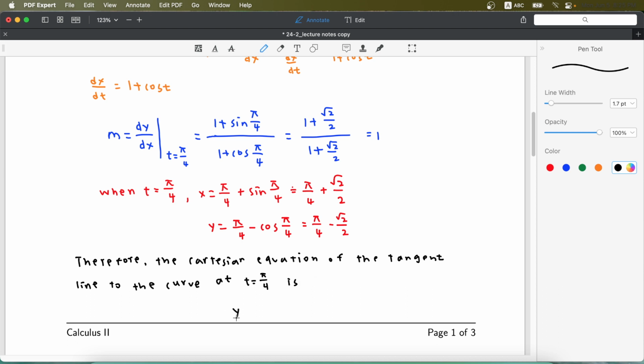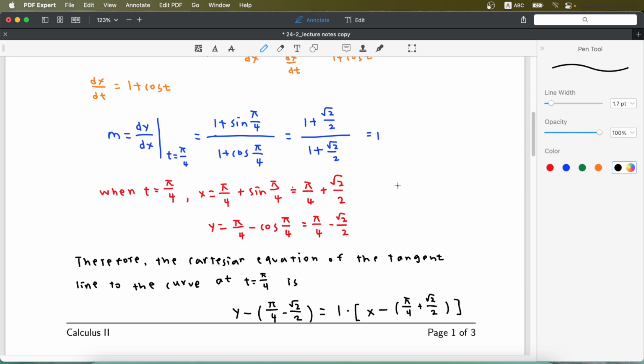So y minus y value equals slope times x minus x value. This is the y value, see here, pi over 4 minus square root 2 over 2.